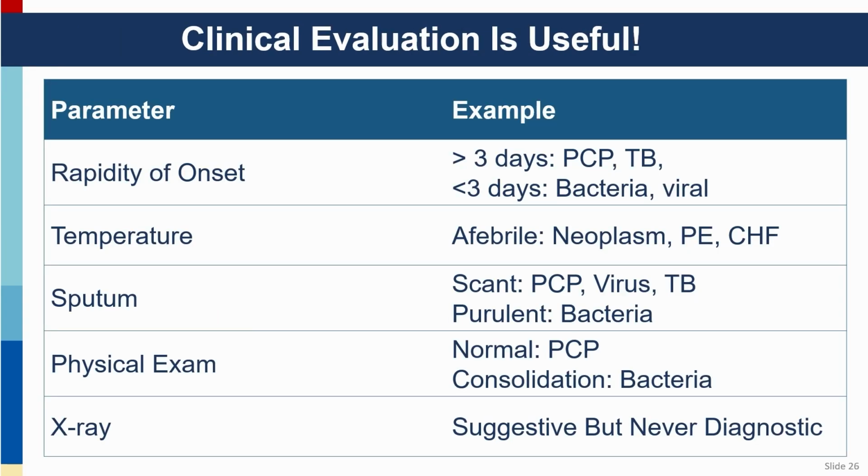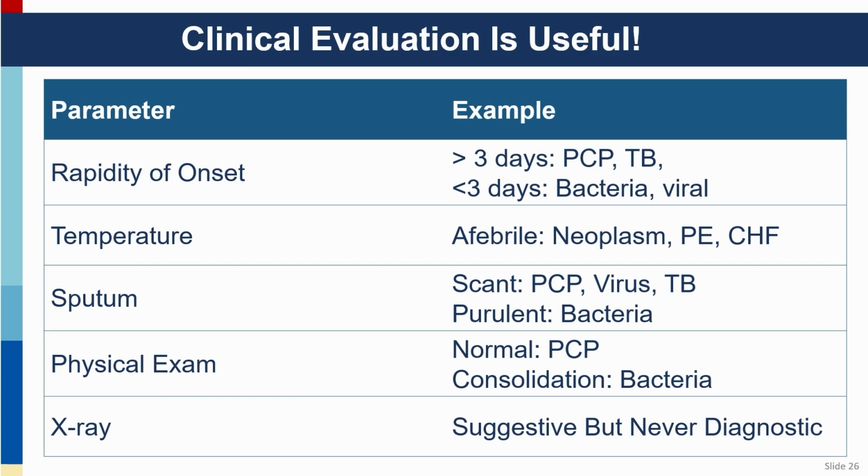But just as O2 desaturation is important, it is still important to take a history and to examine the patient. If the disease is relatively acute, it's more likely to be influenza or COVID or maybe a bacterial infection. If they're afebrile, anybody can have an infection and be afebrile, but think of some of the non-infectious issues.